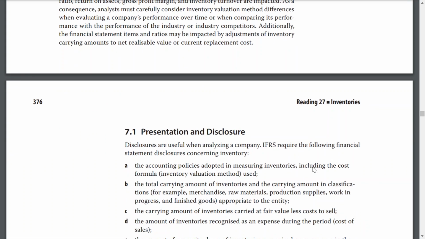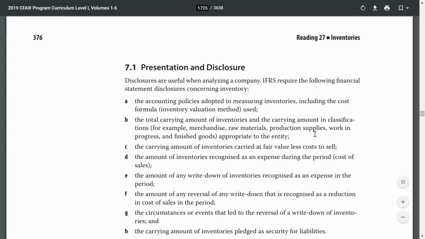Presentation and disclosure. Disclosures are useful in analyzing a company.